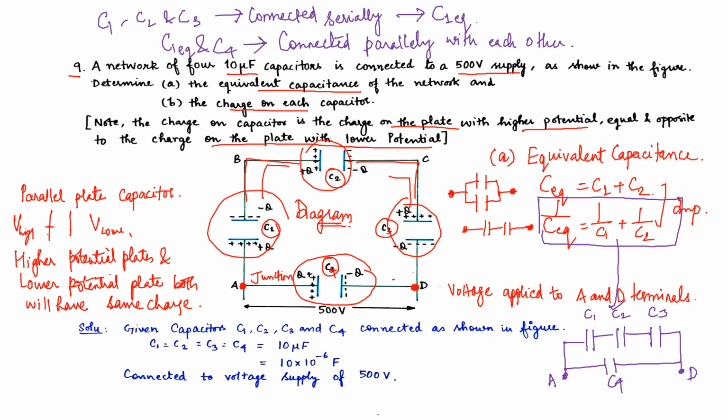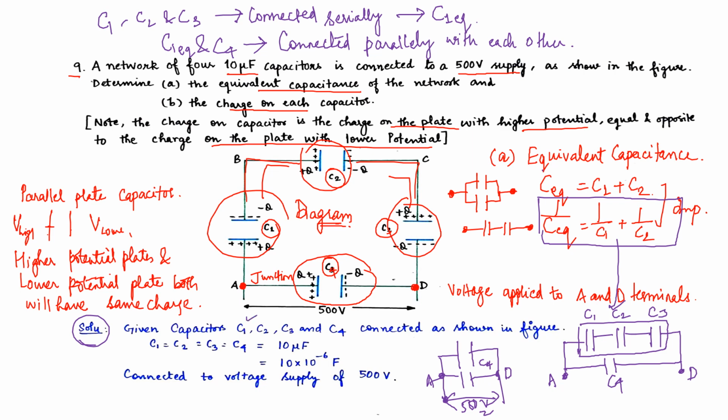If we find the equivalent of these three, we will get a single capacitor, and that will be in parallel with C4, and here will be our voltages. A and D nodes are here, and across this 500 volt is applied. Hope you understood the diagram. We have resolved the diagram according to our understanding. Now we will go to the solution.